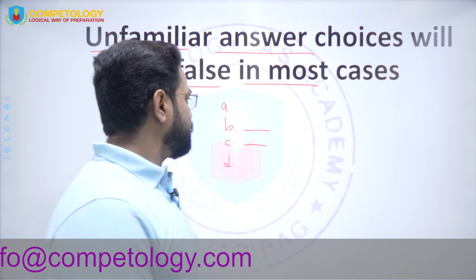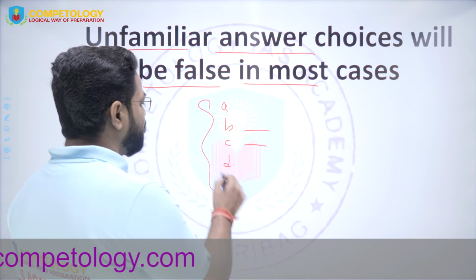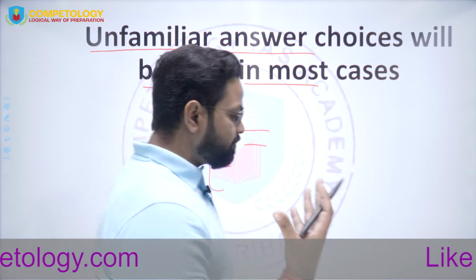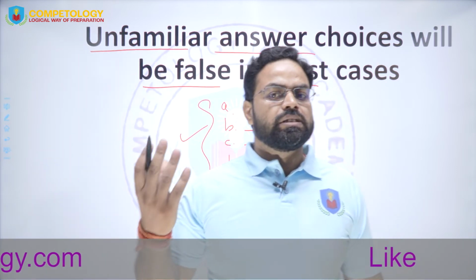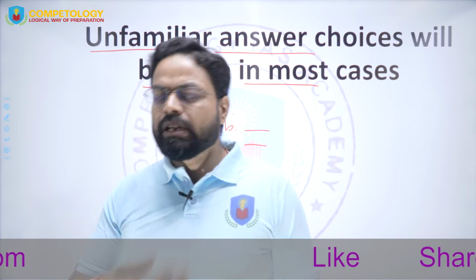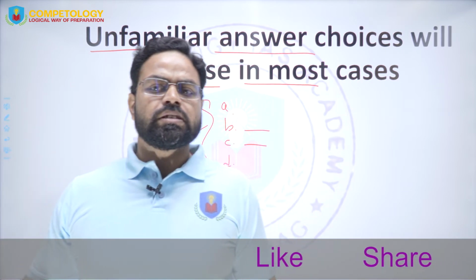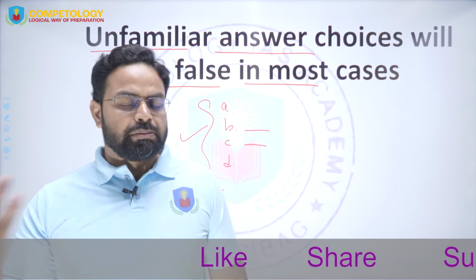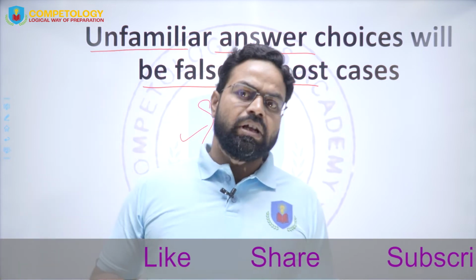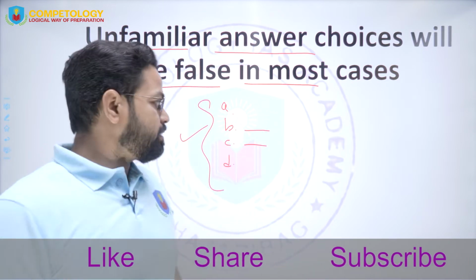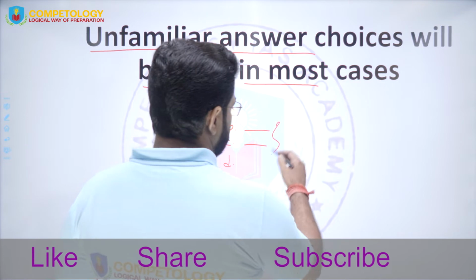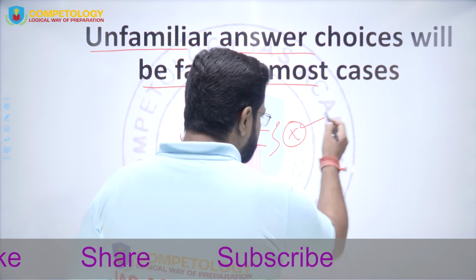Whenever you read the options, some kind of click will come in your mind that these things I have not heard anywhere while I was preparing for the prelims examination. And in that case, such options can be negated altogether.